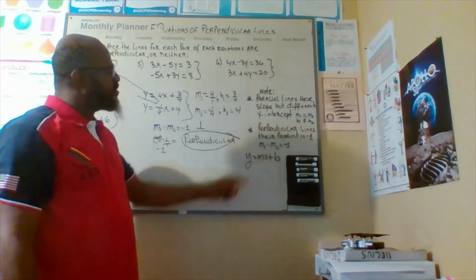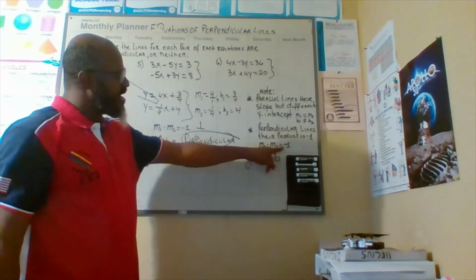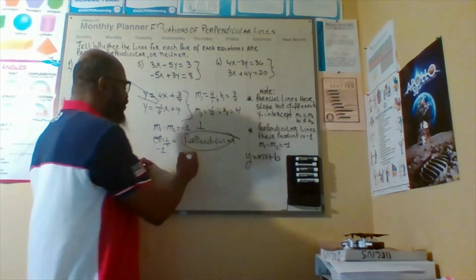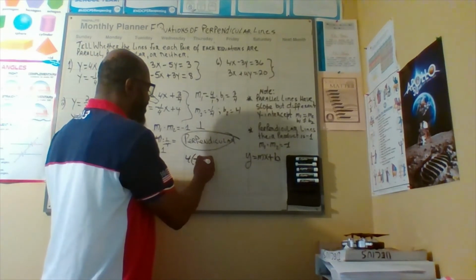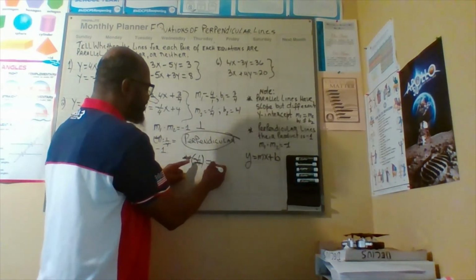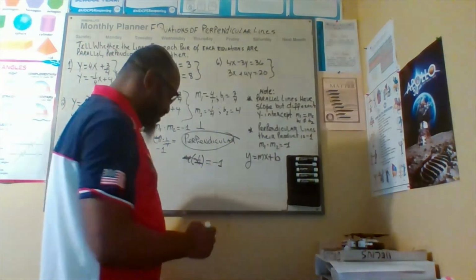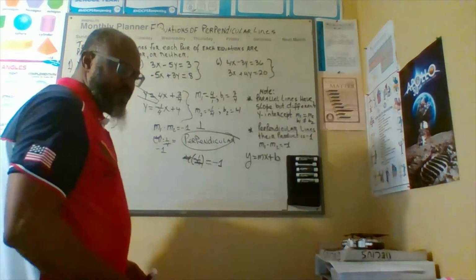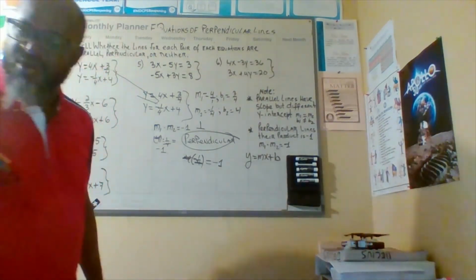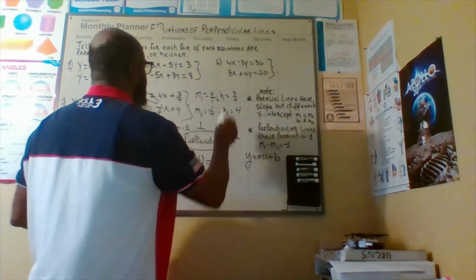So when you do the second test, m1 times m2 must be equal to -1. If I take 4 multiplied by -1/4, the 4 cancels. The only thing I have left is -1. So that proves that they are perpendicular. That's the first one. We're done with that one. This is very simple, but as long as you can write your equation in slope intercept form, you will be okay.